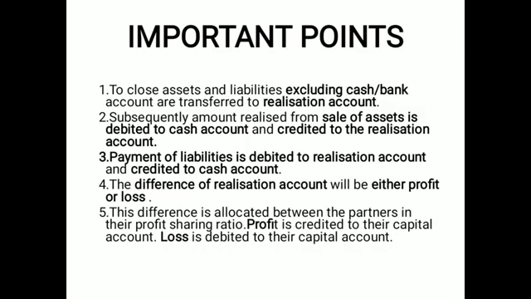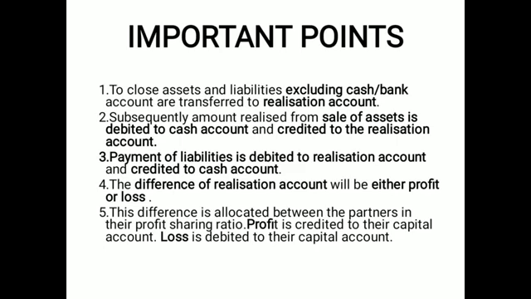Finally, the fifth point, it says the difference is allocated between the partners in their profit sharing ratio. Again, let us compare this with revaluation account. The amount of difference in that account was profit or loss.